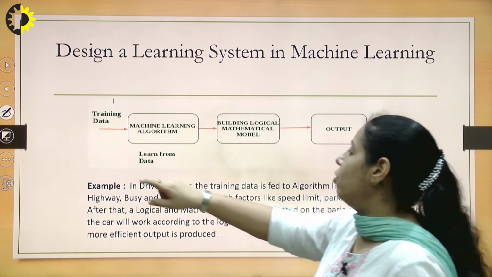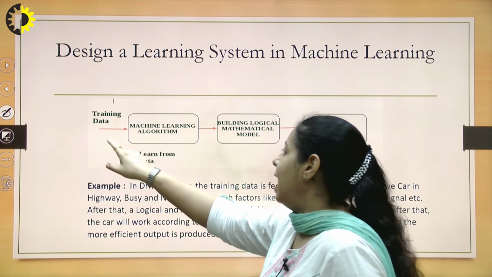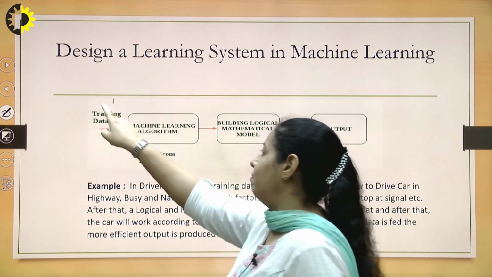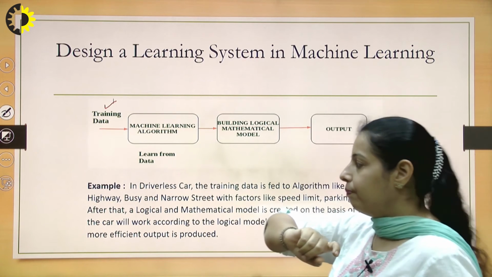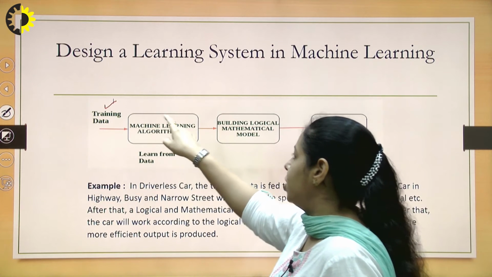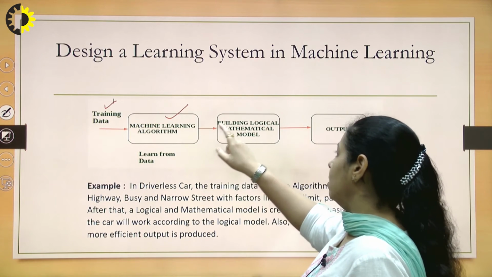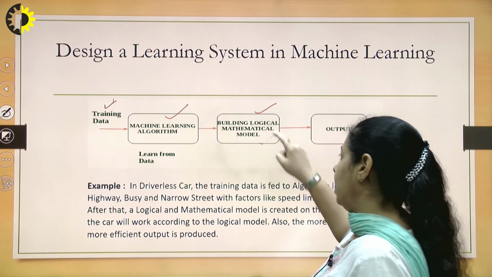Now, if we look at this diagram, we have a data flow type of diagram where the first thing is the training data, and this training data goes to a machine learning algorithm. Then this machine learning algorithm helps in building a logical mathematical model.